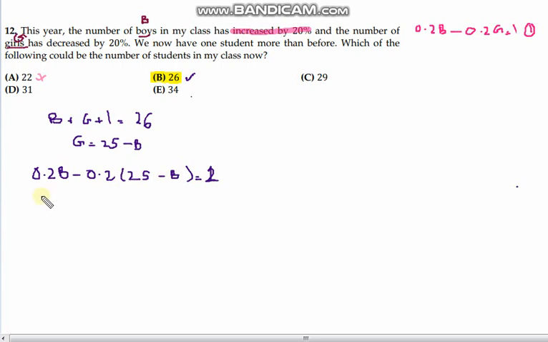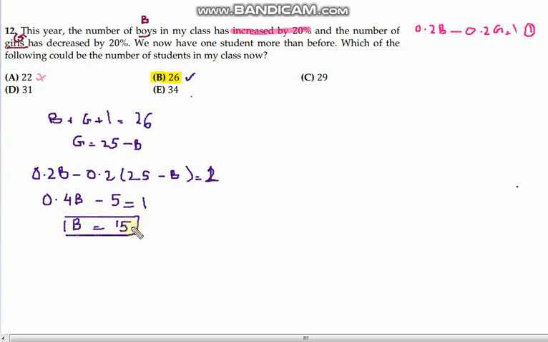Okay, so this works out to be 0.4B, I'm skipping steps in the middle, minus 5 equals 1. B equals 6 upon 0.4, which makes it 15.